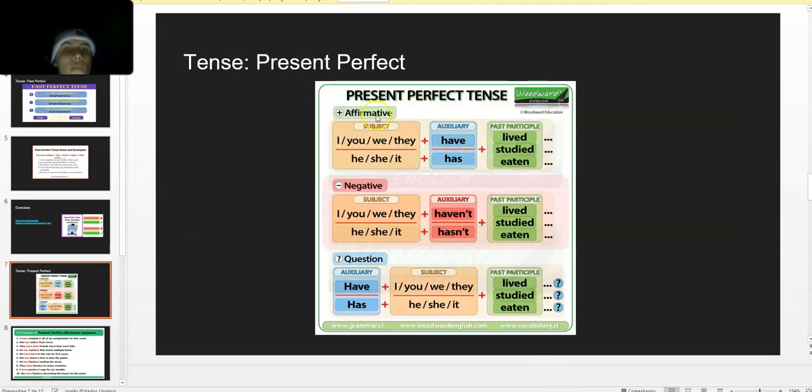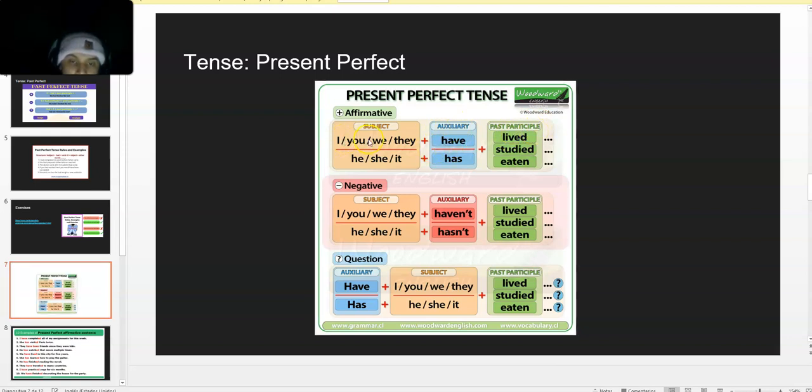The next is the present perfect. It is similar in difficulty to the past perfect, but the structure is changed in the auxiliary. The form is similar. For example, in affirmative, you use I, you, we, they with "have" and the past participle.